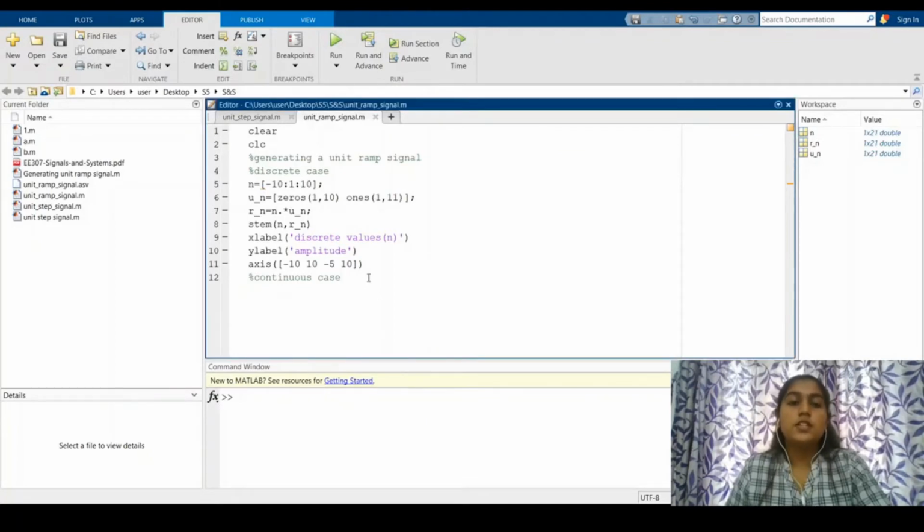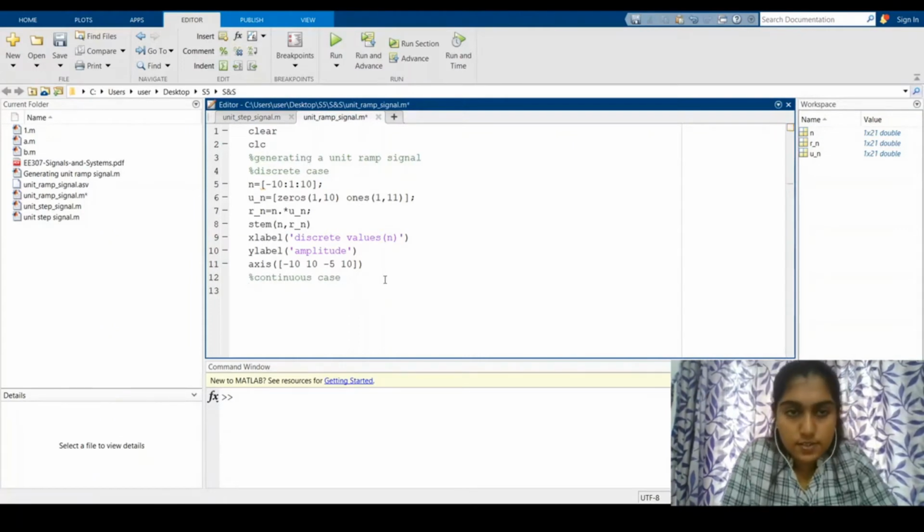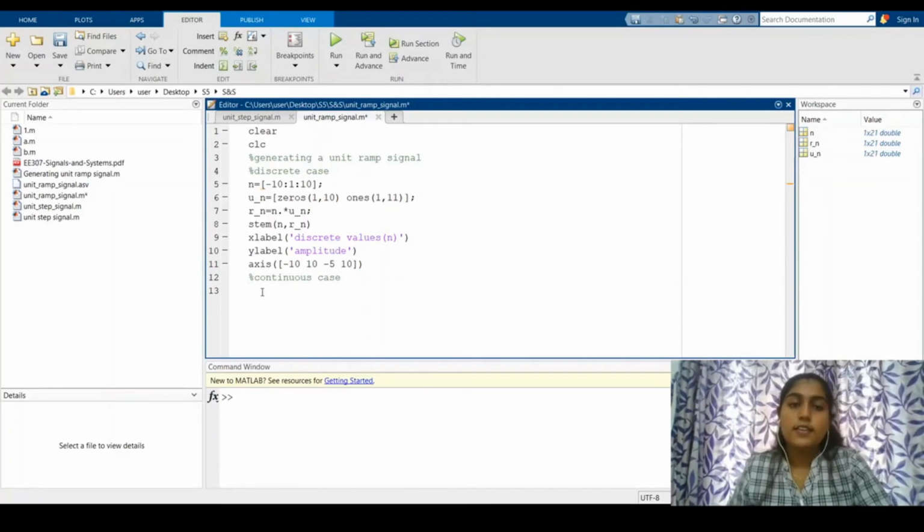We can now generate the unit ramp signal in the continuous case. Now for the continuous case, the only difference is that you're going to consider t instead of n, and the values will be given the same, but we can change it into a continuous case.